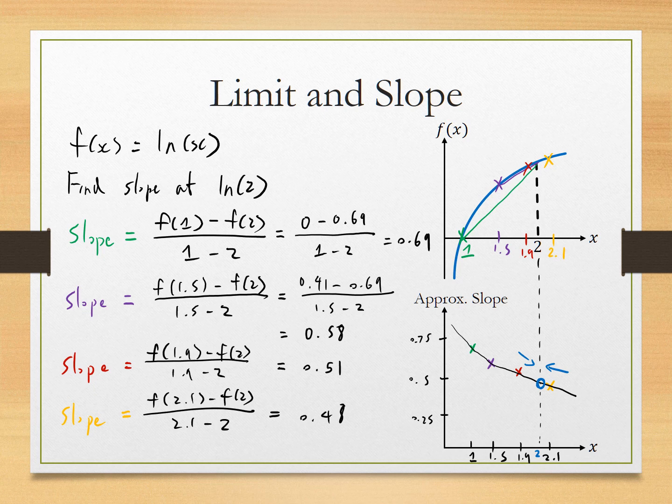At 1.9, if you use 1.9 to approximate the slope, you have 0.51. If you use 2.1, you get 0.48. So what would be a reasonable guess in this case? It has to be higher than 0.48 and below 0.51. A reasonable guess would be 0.5.